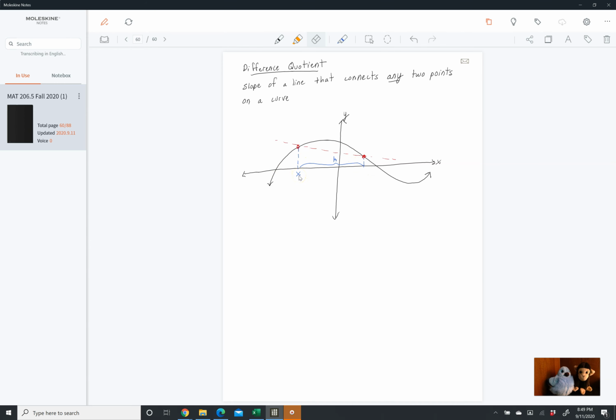So if this were -2 and this distance were 5, then to get this, we would do -2 plus 5. If this were 3 and this were a distance of 8, then to get this value, we would do 3 plus 8. Okay, so this number over here is x plus h.